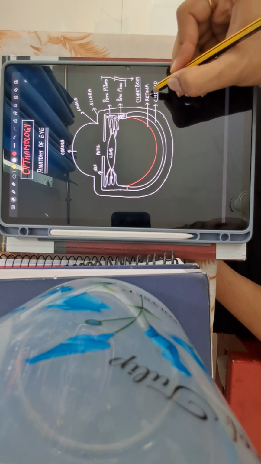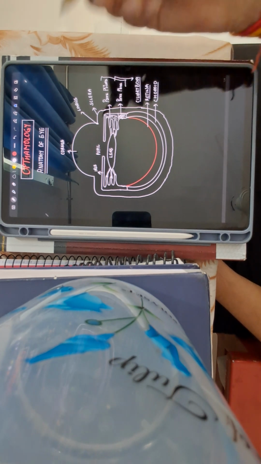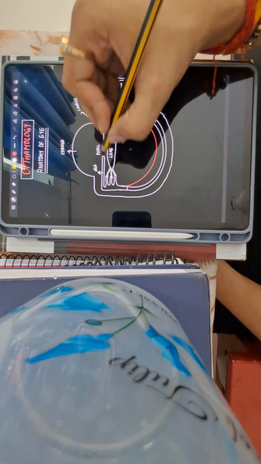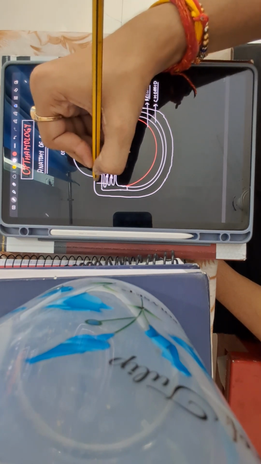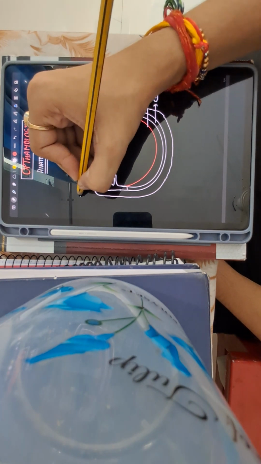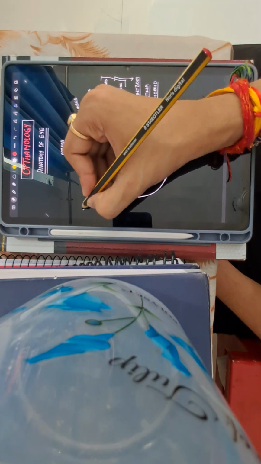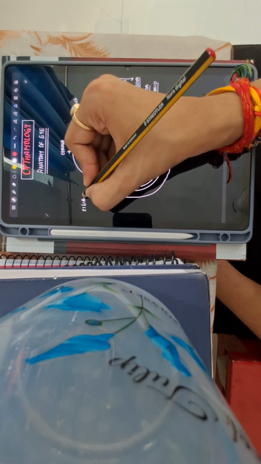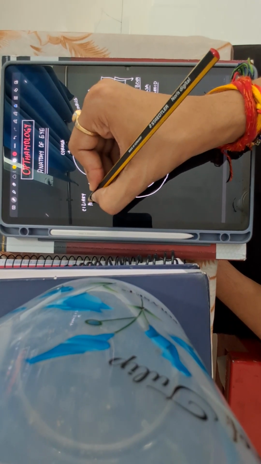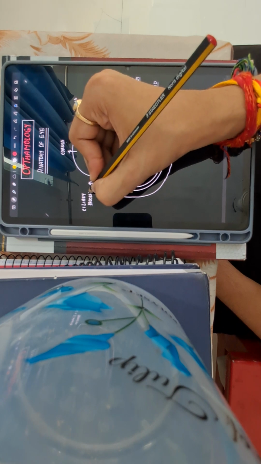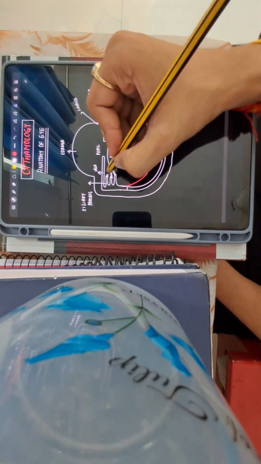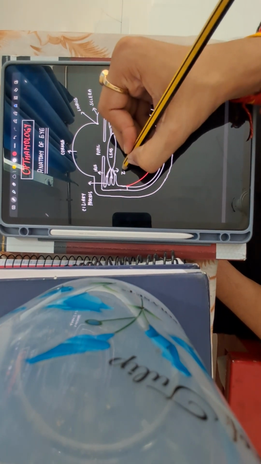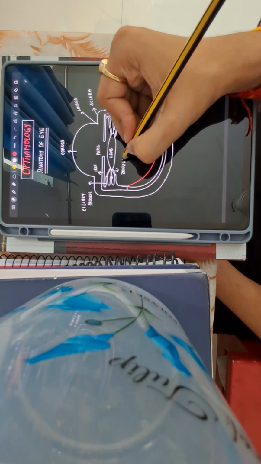And the remaining parts would include this, the ciliary process. And then these are called the zonules.